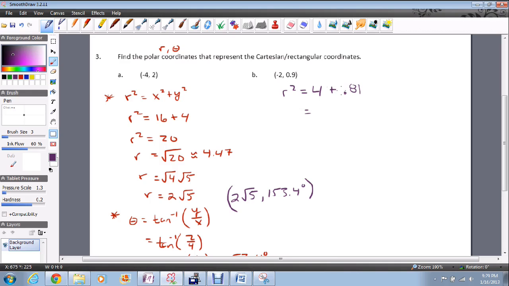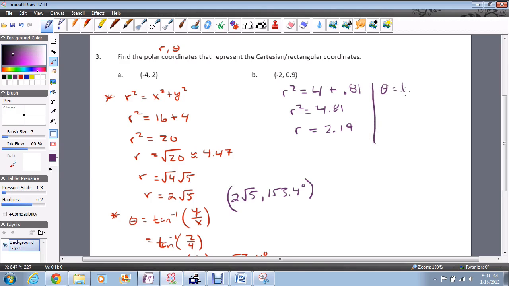So we get 4 plus 0.81, which is 4.81. Square root of that guy, and we have 2.19. Not going to have any exact values here. I mean, this is exact. We didn't round it at all, but we don't have anything nice and clean like this guy over here. We do have a decimal this time.